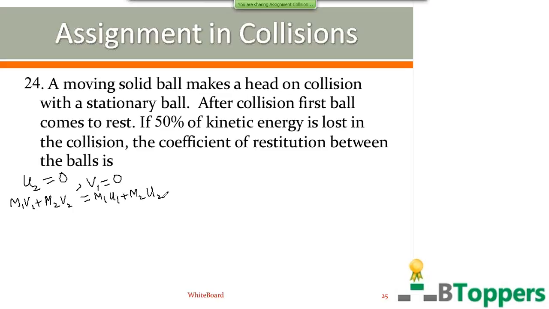This equation holds for all one-dimensional collisions. Here V1 is 0, so the first term on the left side becomes 0. U2 is 0, so the second term on the right side becomes 0. So you get M2 V2 equals M1 U1. Call it equation 1.